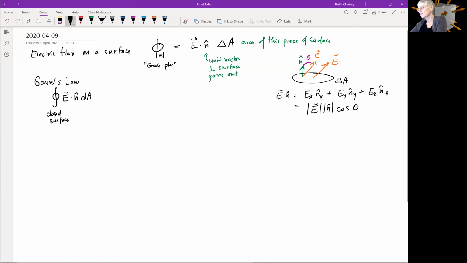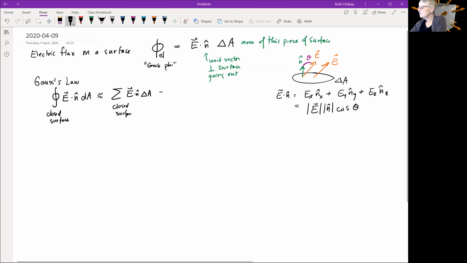For example, we talked about the surface of a sphere where the field was always parallel to n hat. And this was often approximated by just summing up the electric field dot n hat delta A on finite pieces of a closed surface.